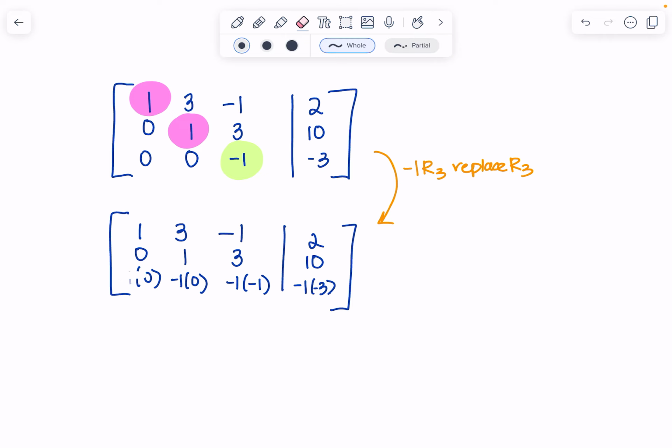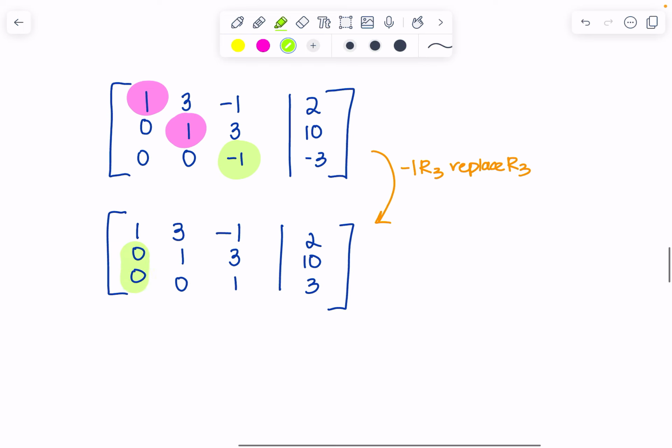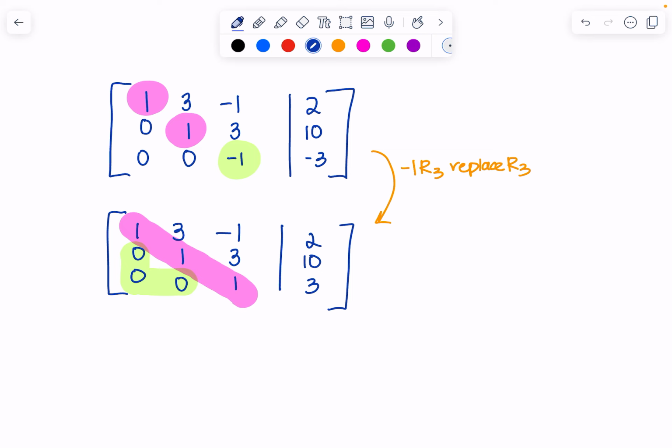Okay, negative 1 times 0 is 0, negative 1 times 0 is 0, negative 1 times negative 1 is positive 1, and negative 1 times negative 3 is 3. So now I have zeros in my left corner, I have ones in my diagonal, so this is called row echelon form.